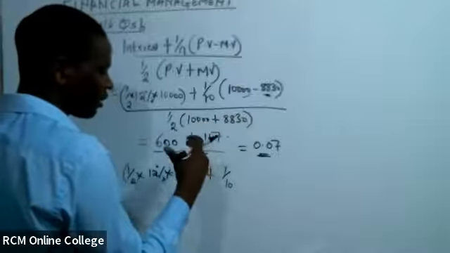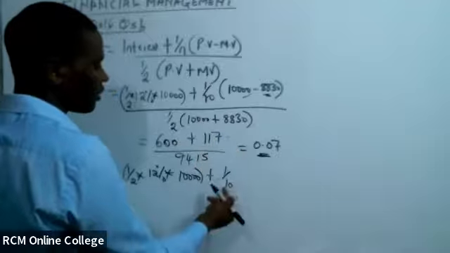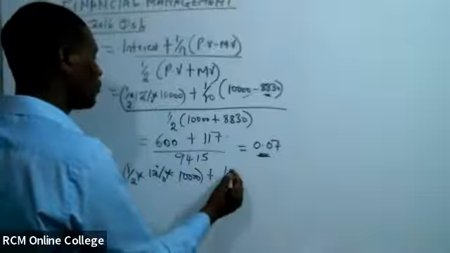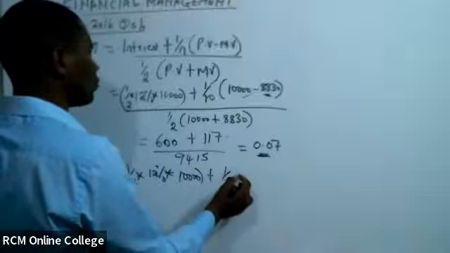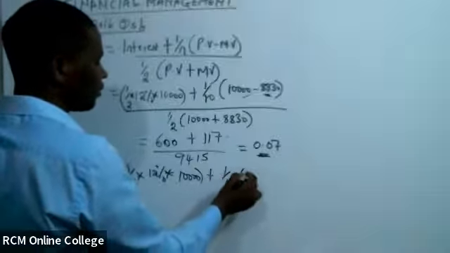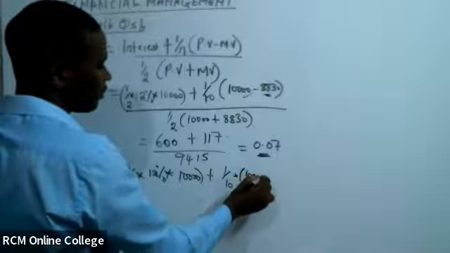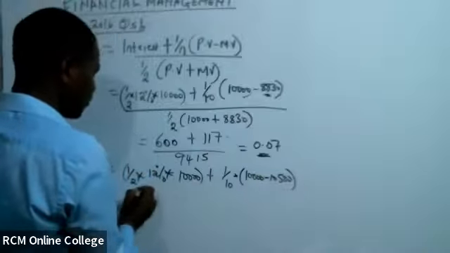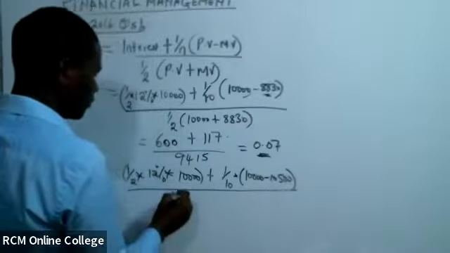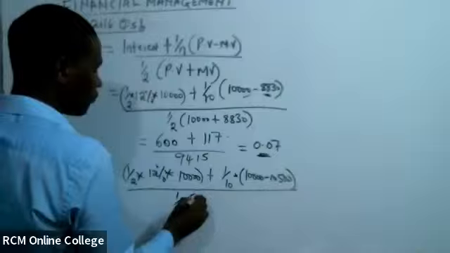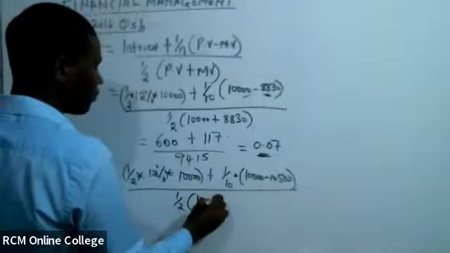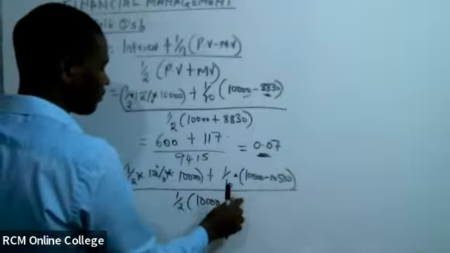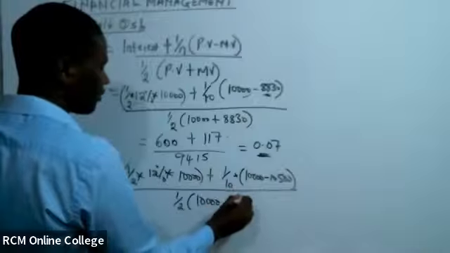After 5 years we have a call, after another 5 years, another call. So times 2. And then we multiply by 10,000 minus 10,500. That is the difference. Divide by a half of 10,000 plus 10,500.